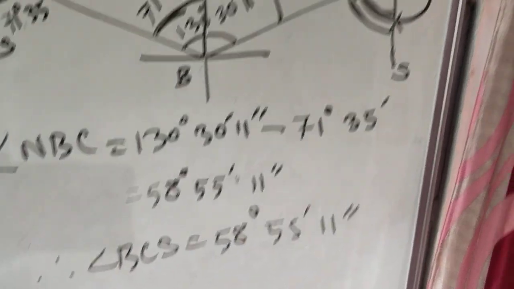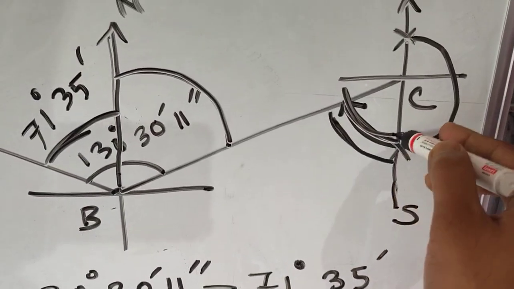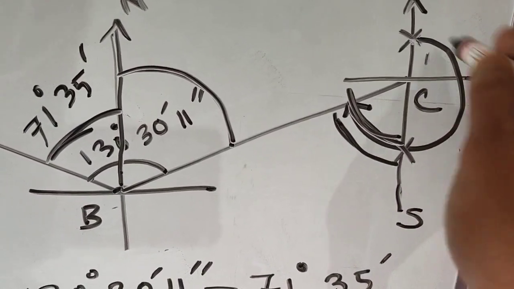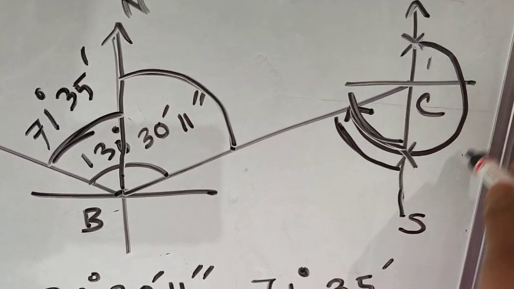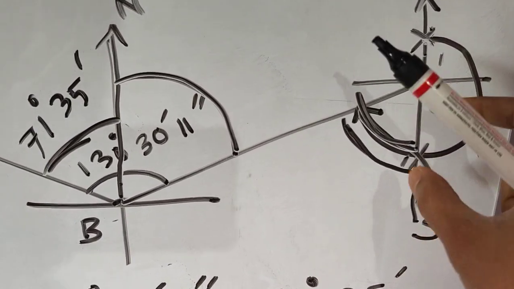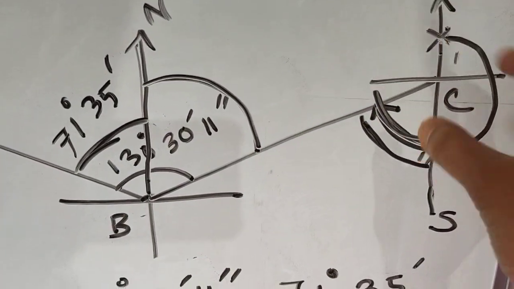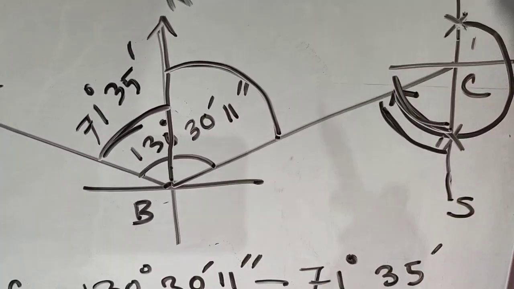Okay, so if we know this angle, then we just need to add 180 degree with this to get the whole bearing, because we need this whole angle. We know up to this point, from here to here it is 180, and now we know this angle also. So all we need to do is 180 plus this angle, then we will get the bearing.